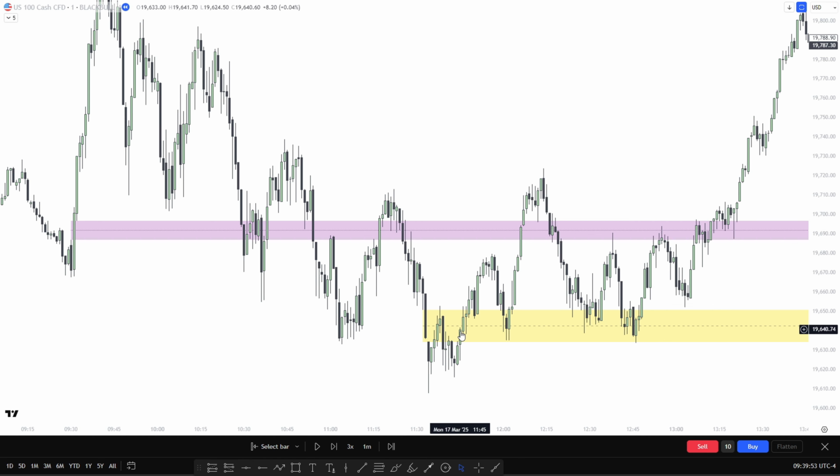Sure, this one, but this one didn't really leave any significant gaps on the way up. You can argue this one, and maybe you can use that, but you have to be a little bit more careful with your stop placement.